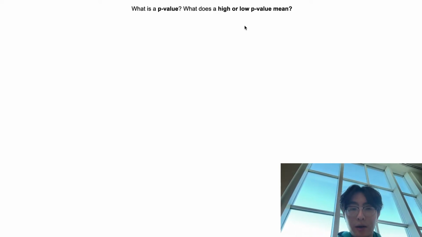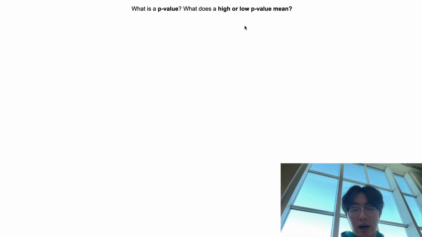The p-value is the probability that we can observe our alternative hypothesis given that the null hypothesis is true. Another way of saying this is, what are the chances of our alternative hypothesis actually occurring by random chance?